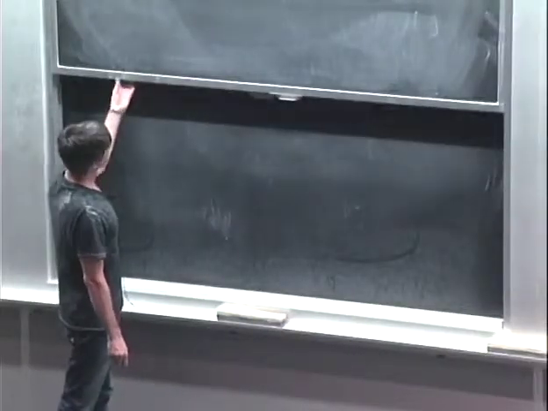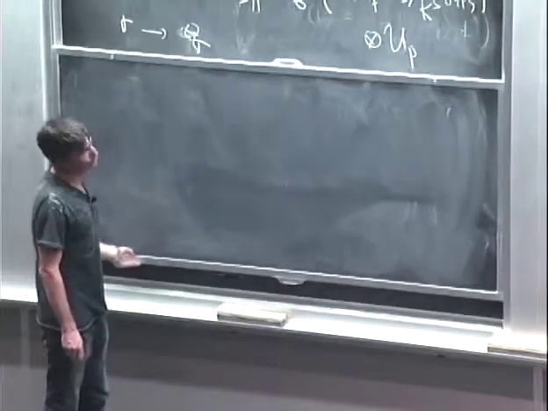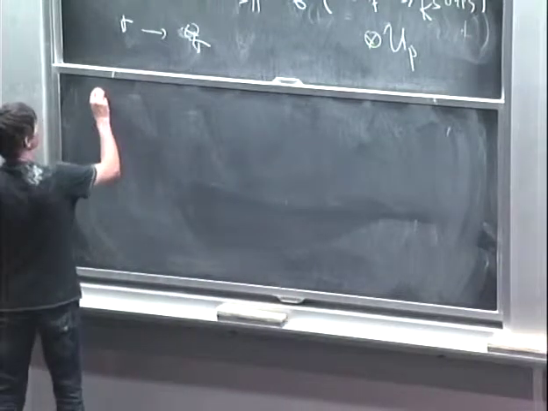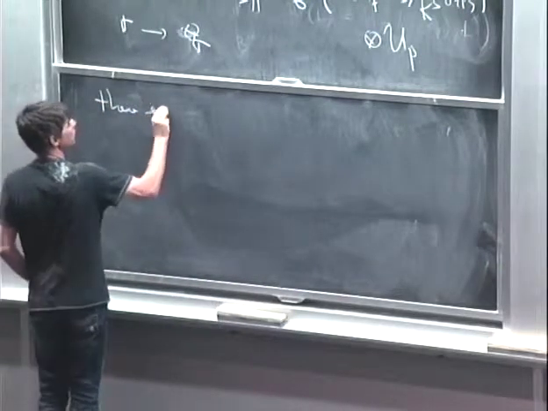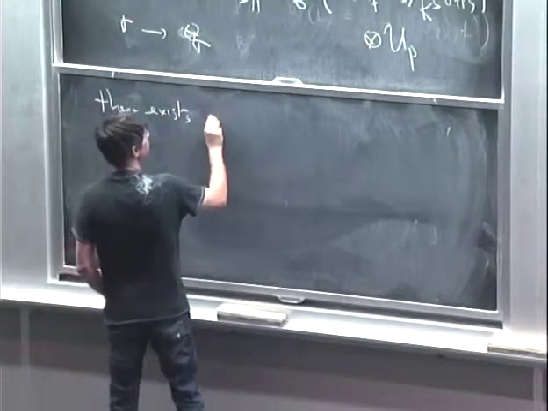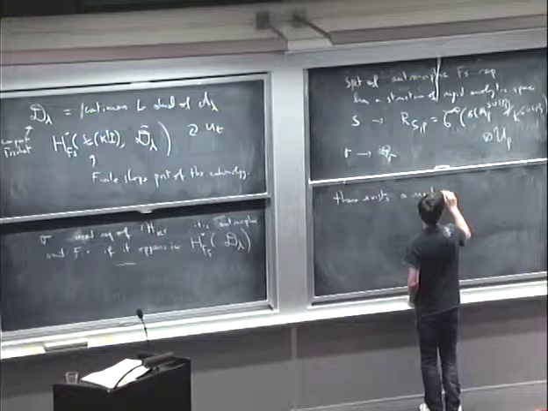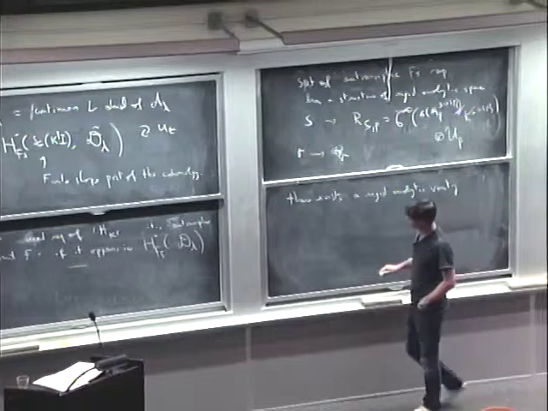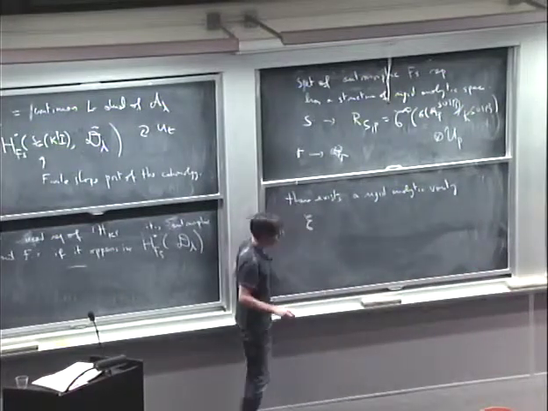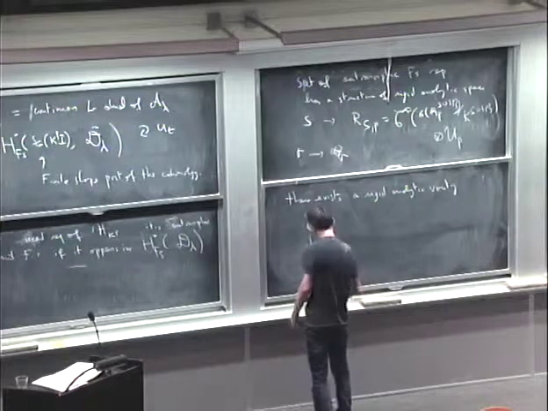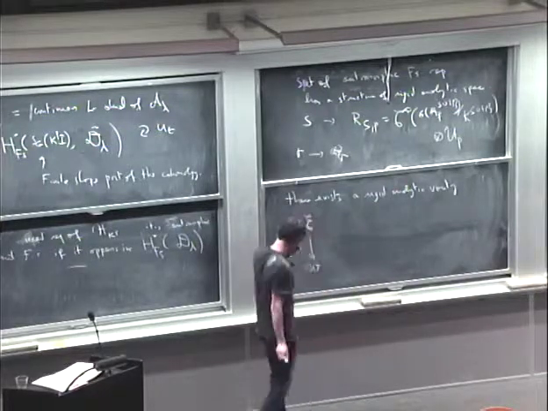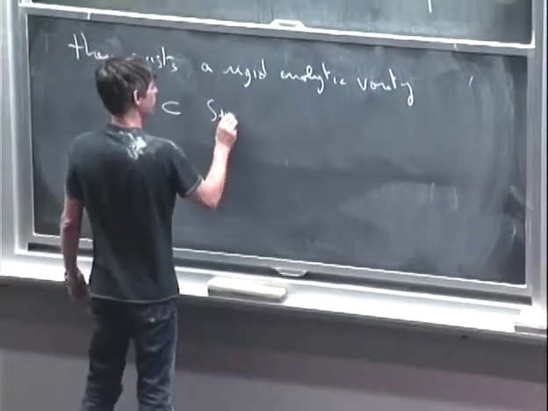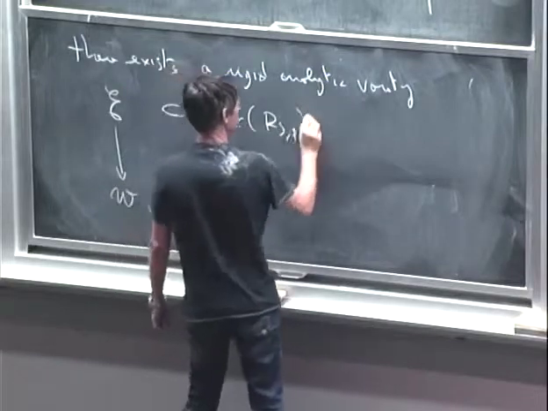And so there is a result, which is mainly due to Ash and Stevens, that there exists a rigid analytic variety, let's say E, sitting over the weight space. And so you can think of this as inside Spec R_{S,p} times W.